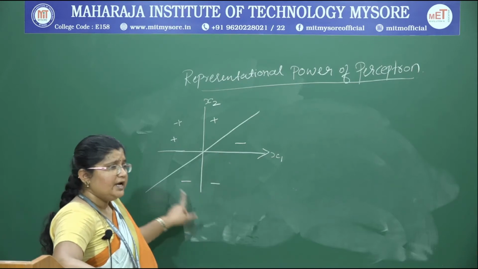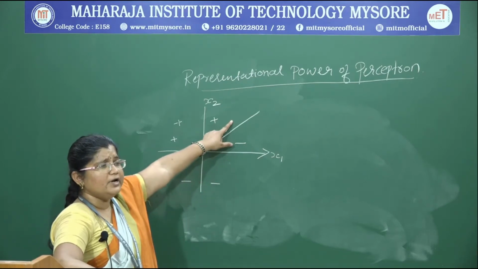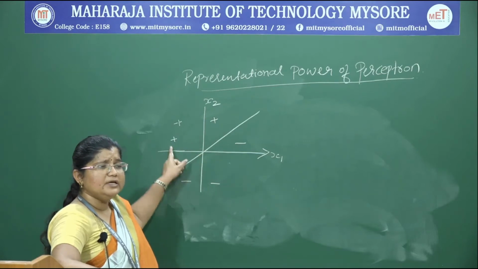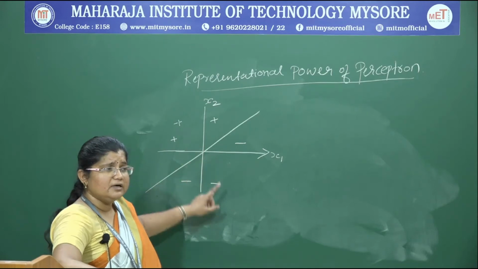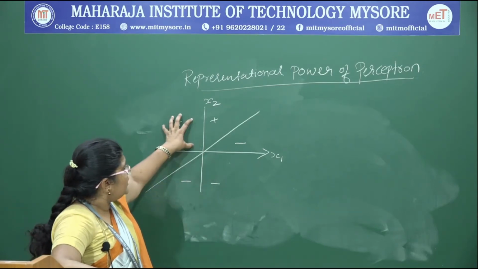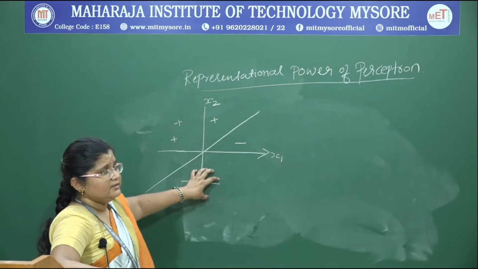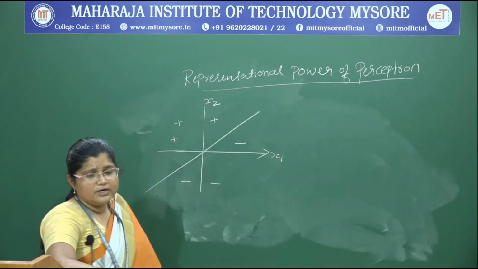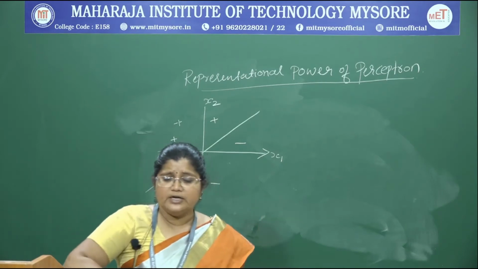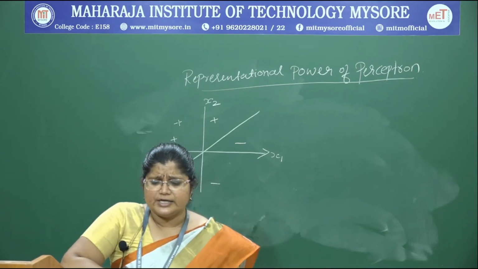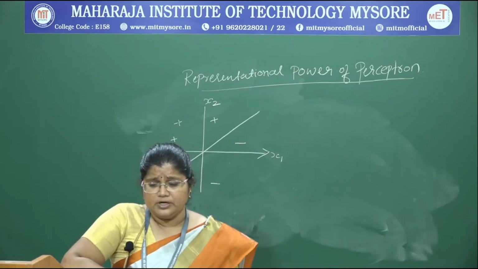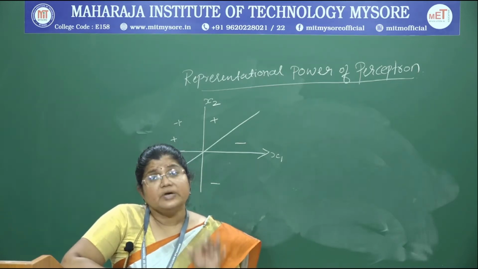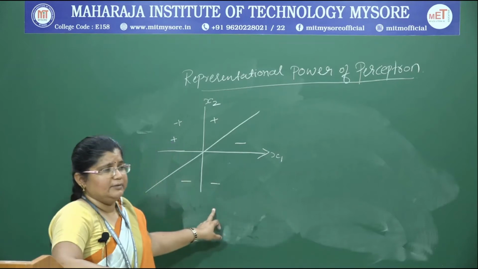In this case, the linear line is drawn and the instances are evenly separated, positive and negative. So this is a set of training examples and the decision surface of a perceptron that classifies them correctly in this diagram.